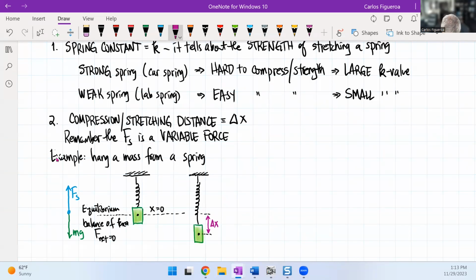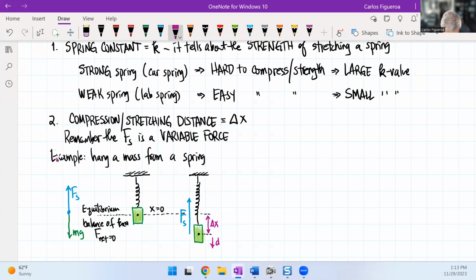So that means our spring force is now going to be larger than at the equilibrium point. So now I'm going to have a spring force that's going to point in that direction like that. And by the way, I did not say this, but the displacement is going down.